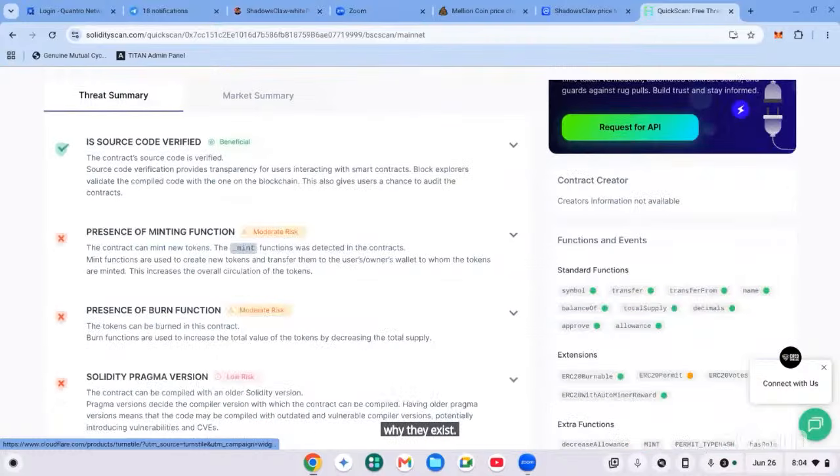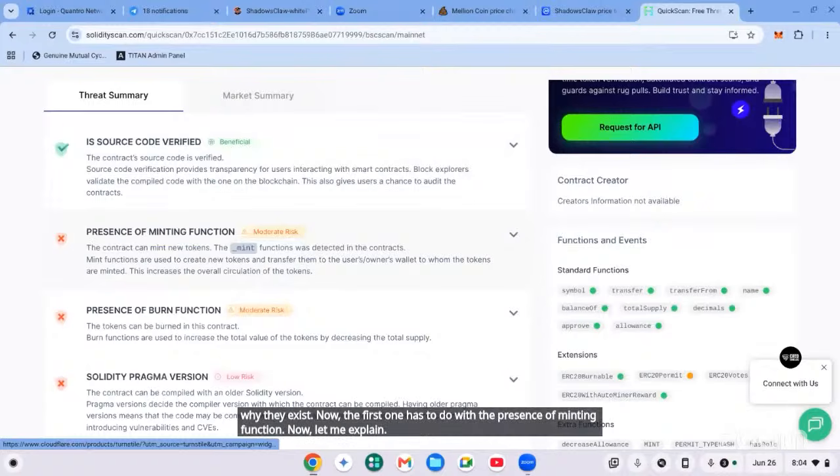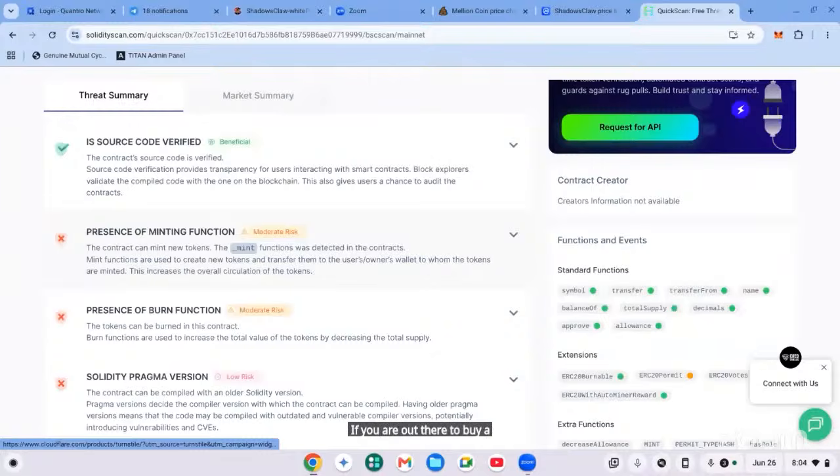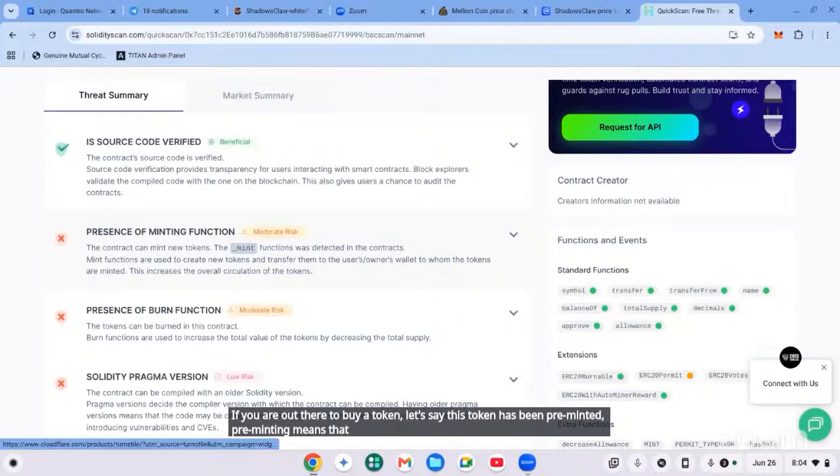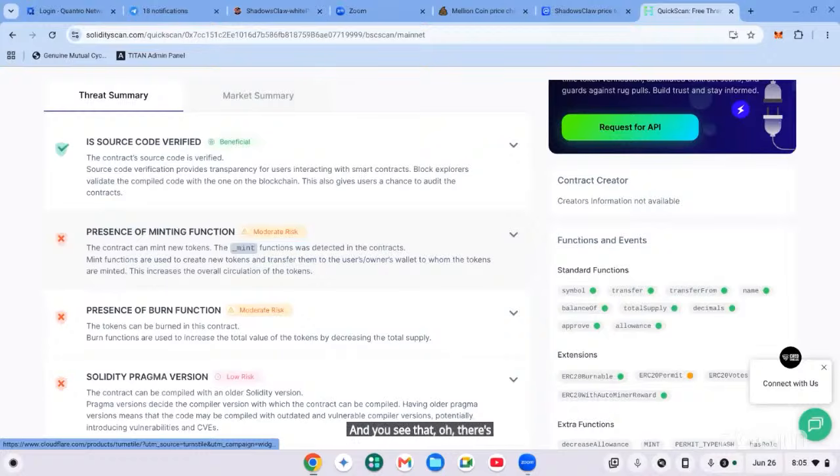Now, the first one has to do with the presence of a minting function. Let me explain. If you are out there to buy a token, let's say this token has been pre-minted. Pre-minting means that the entire token supply that will ever exist has been pre-produced and listed on the market. Then you pick up the smart contract to scan, and you see there's the presence of a minting function.